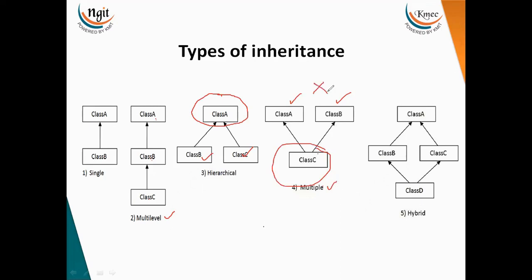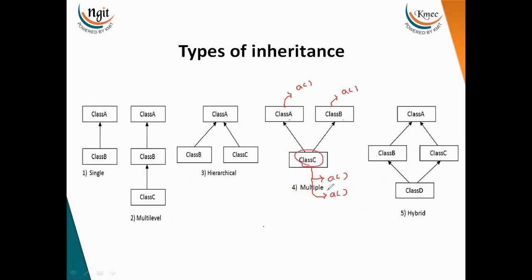Java doesn't support this multiple inheritance, and I will tell you a very simple example. In class A, you have a method. Let us assume it is performing some action. In class B also you have a method, but it is performing a different action. Whenever you extend classes A and B into class C, all the superclass features are available in class C. In superclass A you have a method, and in superclass B you have the same method.